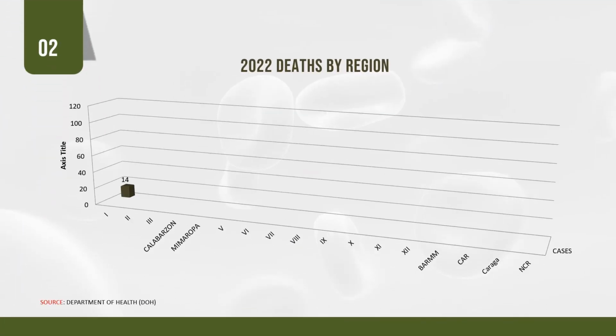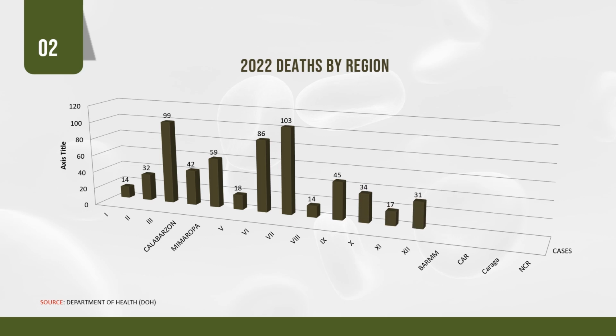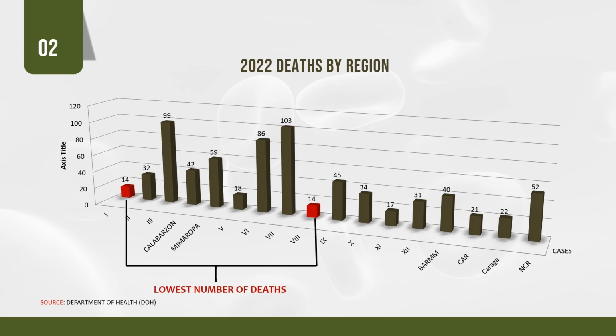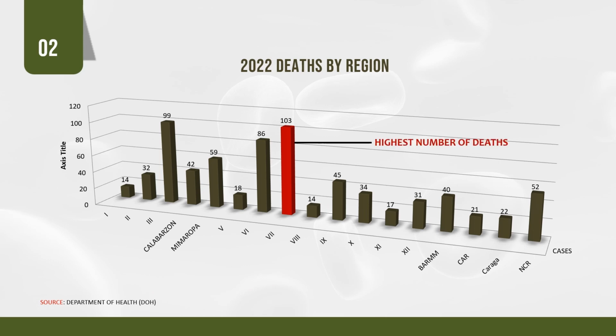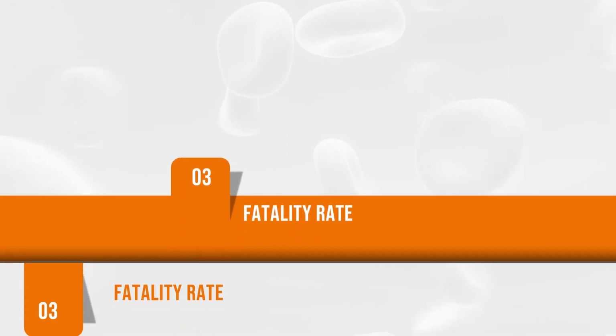In Region 1, Region 2, Region 3, Calabarzon, Mimaropa, Region 5, Region 6, Region 7, Region 8, Region 9, Region 10, Region 11, Region 12, BARMM, CAR, Caraga, and NCR. Both Regions 1 and 8 had the lowest number of deaths, which is 14, while Region 7 recorded the highest number of deaths with 103. And this is the case fatality rate.